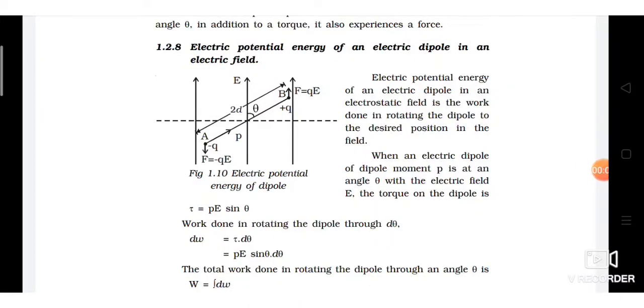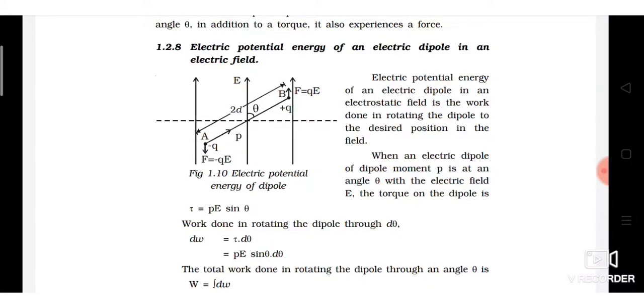Electric potential energy of an electric dipole in a uniform electric field. The electric potential energy of a dipole in an electrostatic field is the work done in rotating the dipole to the desired position in the electric field.